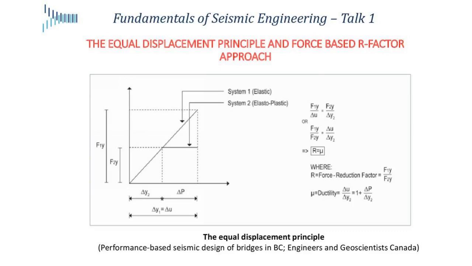You can have a look at this bit of math, but what it really shows is that the factor by which you reduce this force level down, based on the equal displacement principle, that's the amount of ductility you need to have in your system. So the more you reduce this force, if I were to only design it for this force, now I need more ductility in the system.